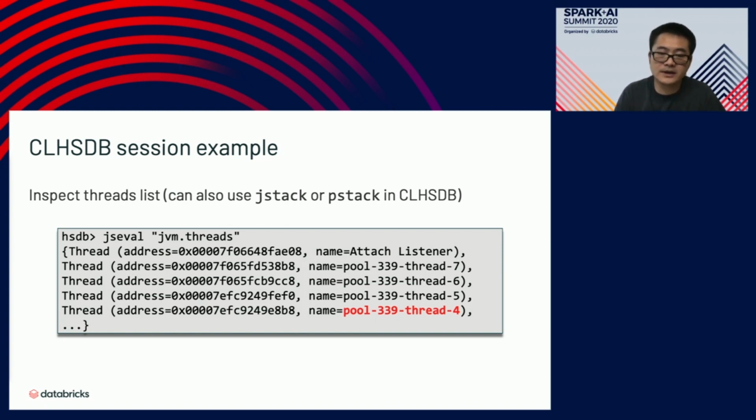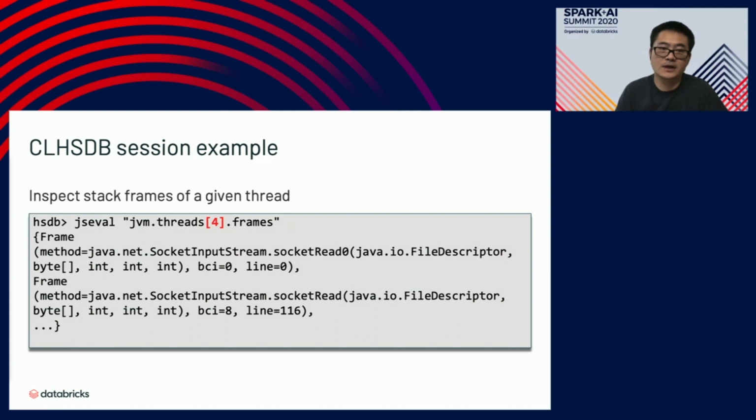So looking at the list of threads here, I can tell that the thread at index 4 is the thread that I'm looking for. And then I can run another command that allows me to introspect all the stack frames of this thread 4. And I can see that socket read here.